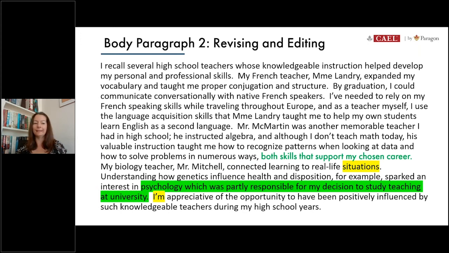So I've stated again that Mr. McMartin has taught me these skills, and I'll add in both skills that support my chosen career. So again, that little phrase just reminds the reader, I'm adding continuity to the writing. It just reminds the reader that these are skills that not only I learned way back when I was a teenager in high school, but they're also skills I use today. So that's just that connection again between how it's a strength, the lifelong learning aspect of it.